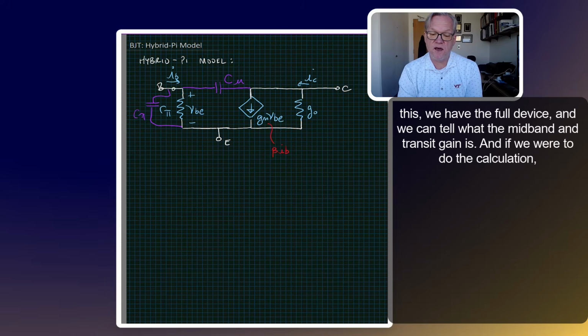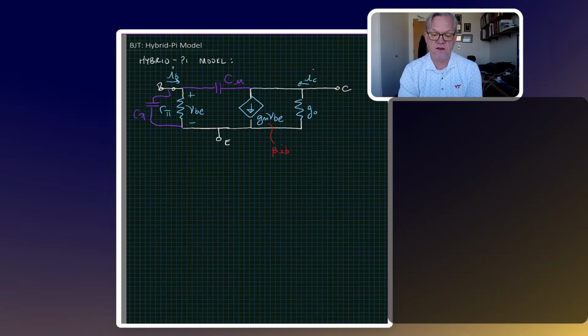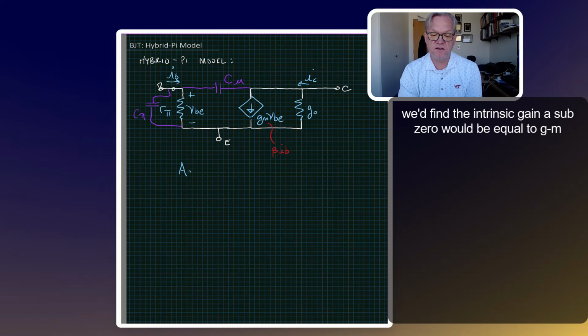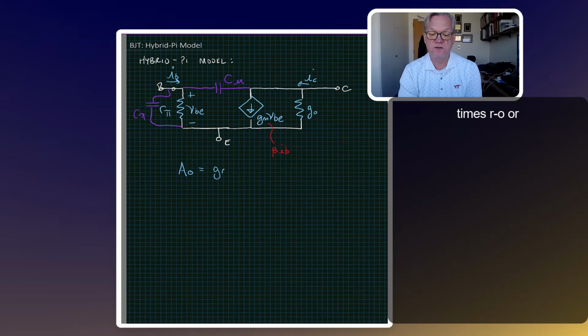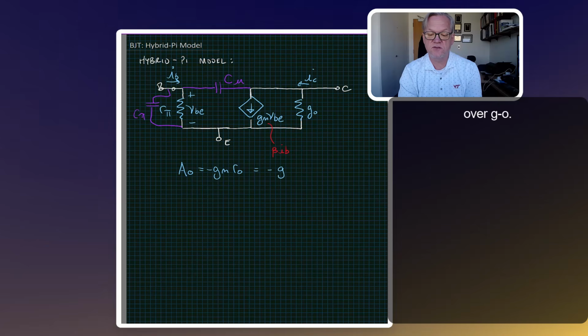All right, now with this, we have the full device, and we can tell what the mid-band intrinsic gain is. And if we were to do the calculation, we'd find the intrinsic gain, A sub 0, would be equal to negative GM times RO, or GM over GO.